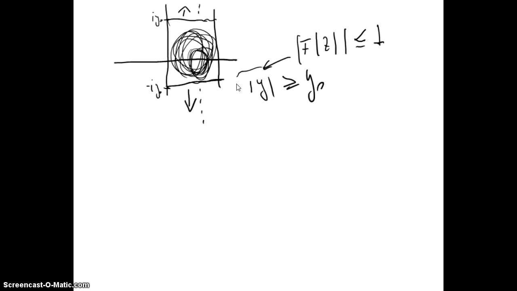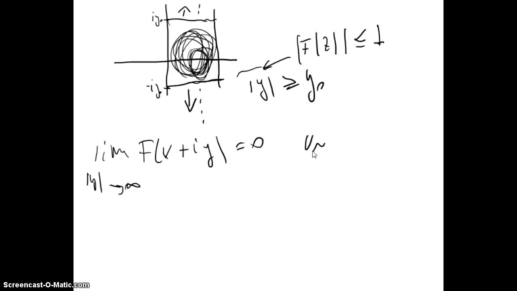Okay, so this is when we suppose that the limit of f(x plus iy) is equal to 0 when the absolute value of y goes to infinity, uniformly when the real part is between 0 and 1.